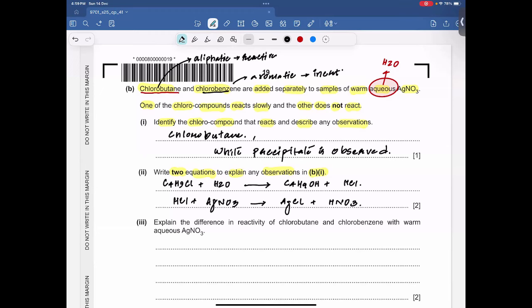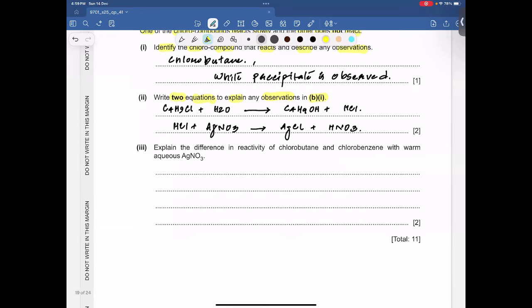Okay. Explain the difference in reactivity of chlorobutane and chlorobenzene with warm aqueous silver nitrate. Again, that's an easy thing. In chlorobenzene, being an orthopara directing group, it donates electron into the benzene ring.